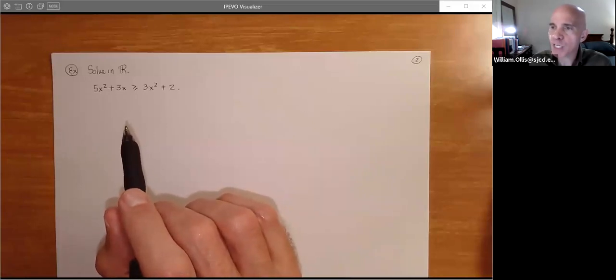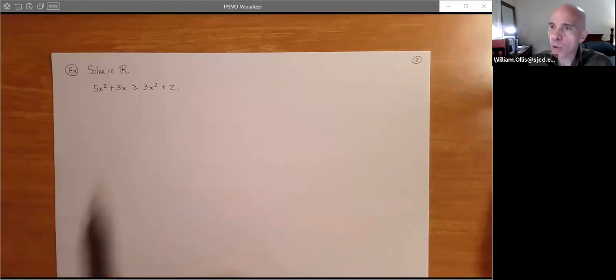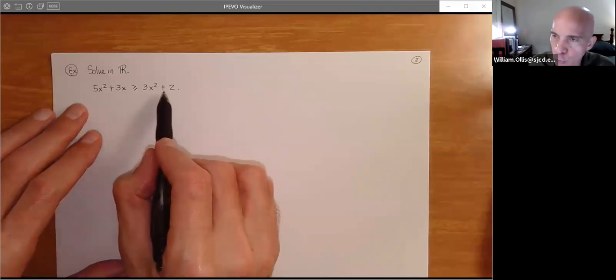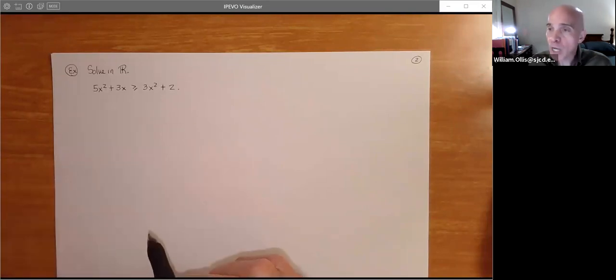That is, if we have an expression and we're comparing it to zero, we can do a sign analysis. So what we want to do with an expression like this or inequality is to remove all of the terms to one side and create a zero. And then once we create the zero, we want to be able to analyze the sign of the resulting expression.